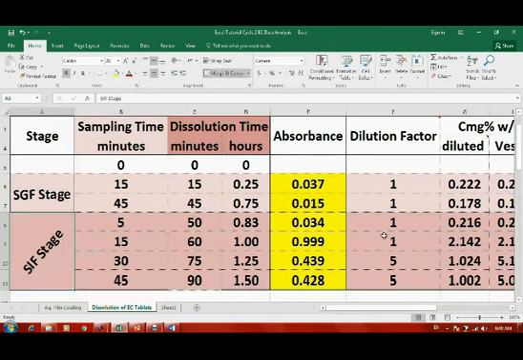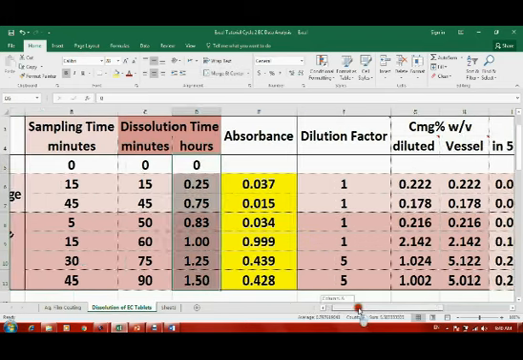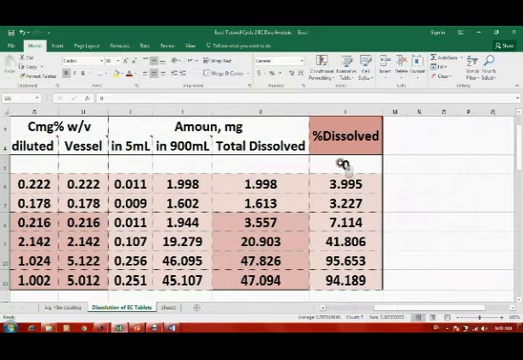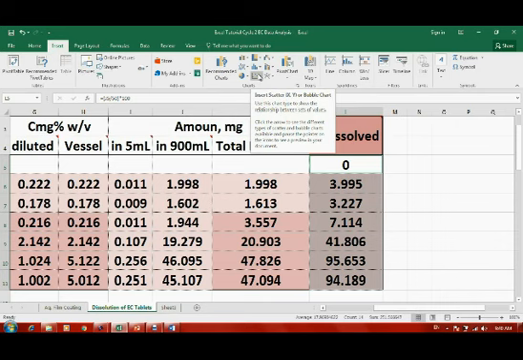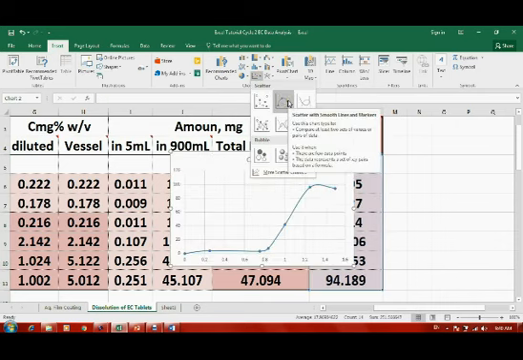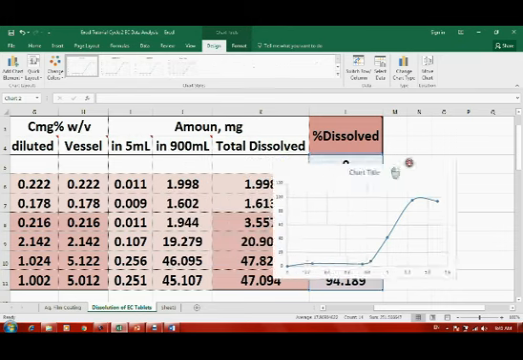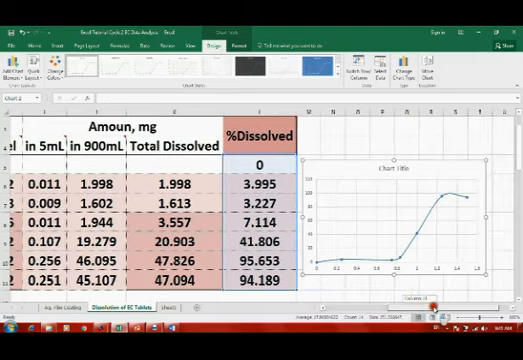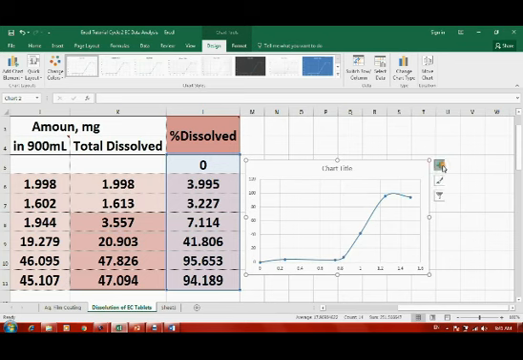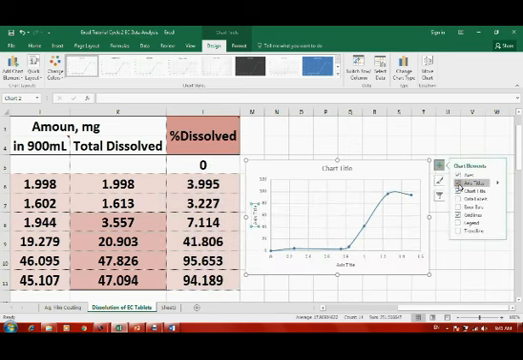Now, you can plot your multi-point dissolution profile. Plot percent dissolved versus the time in hours. Please use the scatter with smooth lines and markers type of chart from your insert menu. Add the chart title and the axis titles, and please use shapes to title each stage.